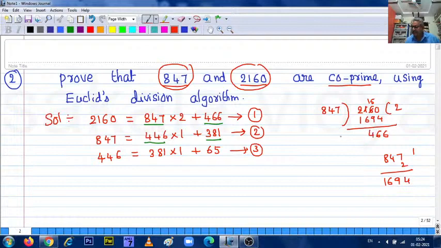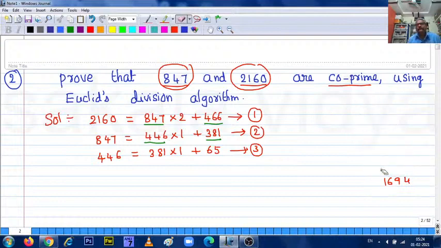Yes, 466, exactly correct. Absolutely correct. This is 466.